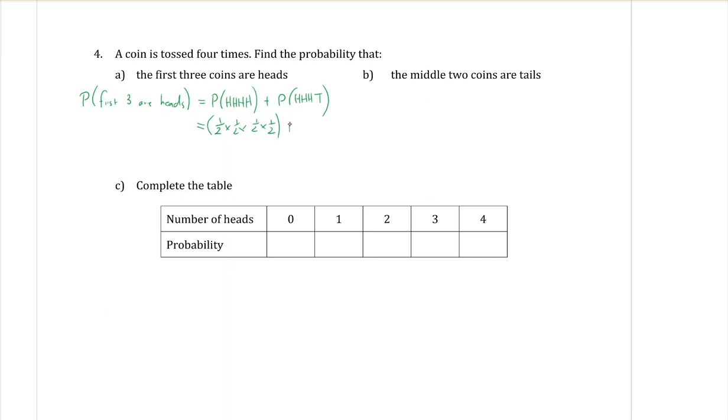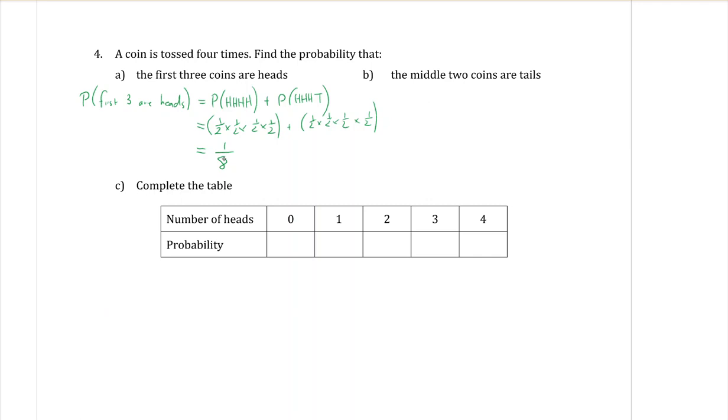No. It is still half times half times half times half. The key thing in this question is that the probability along those branches are all equal, but we need to know that there's actually 2 branches that fit our criteria. So when you times those together, you obviously get the 1 out of 16 that we got before, but because there's 2 of them, 2 out of 16, which simplifies to a 1 out of 8.